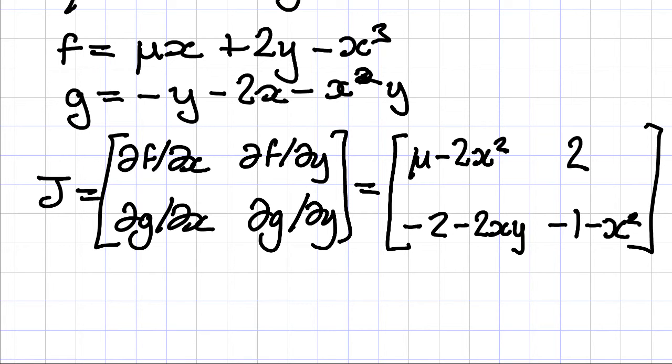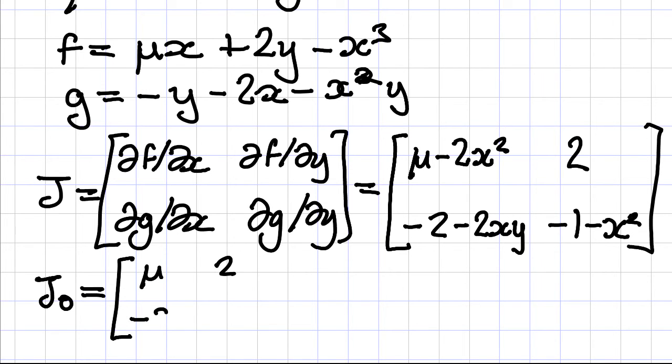We're investigating the stability of the equilibrium at 0, 0. So we'll look at J₀, where we set x = y = 0. So that's μ, 2, −2, −1. We want to know about the eigenvalues of J₀.